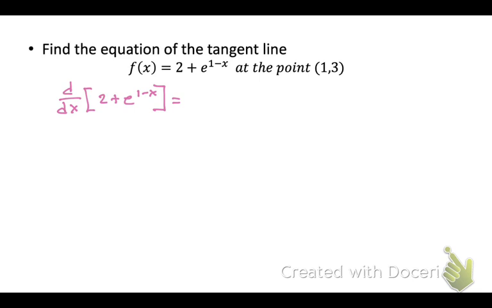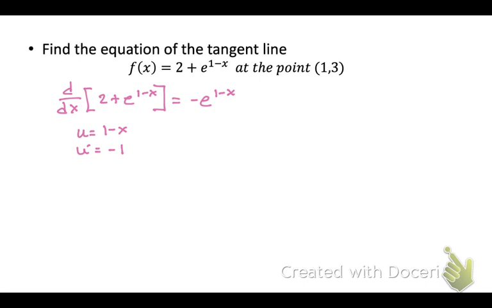Well, the derivative of 2 is 0, so that's out, right? So u is going to be what on that e? What's the exponent? 1 minus x. So u prime is going to be -1. So the derivative is going to be negative e to the 1 minus x.